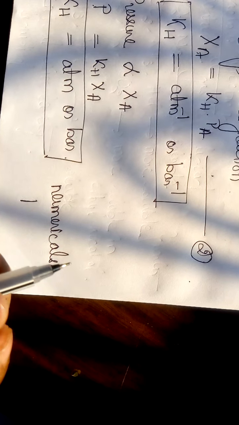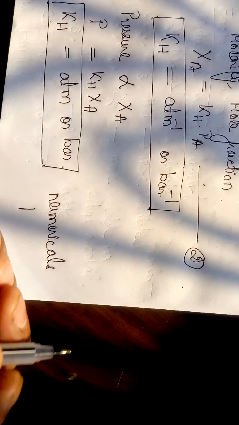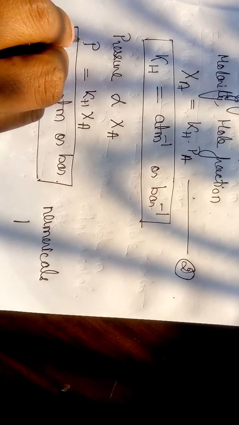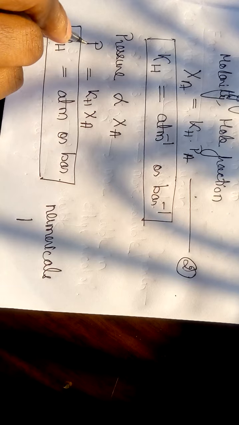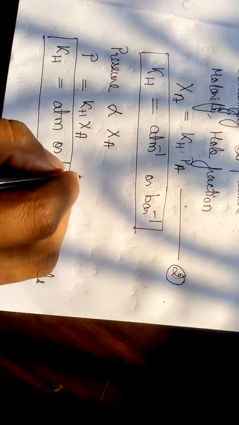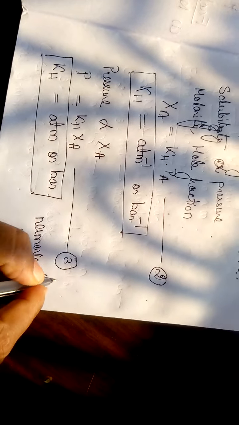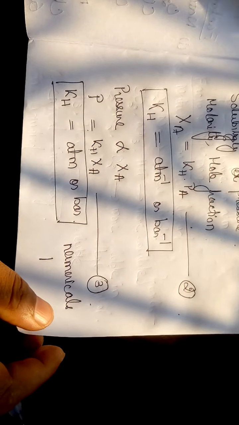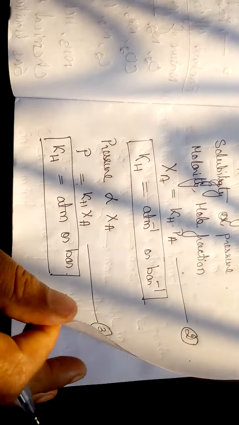If unit for Henry's law constant is given in terms of pressure only, then we should take the relationship P is equal to Kh into Xa. We'll take the difference between all the three relationships in different numericals in the next video.